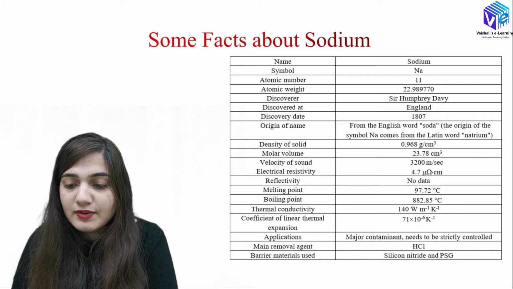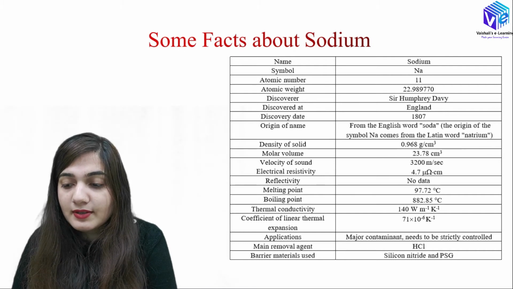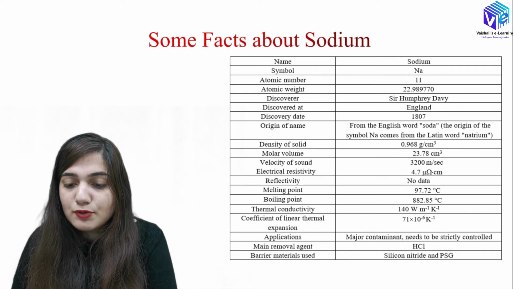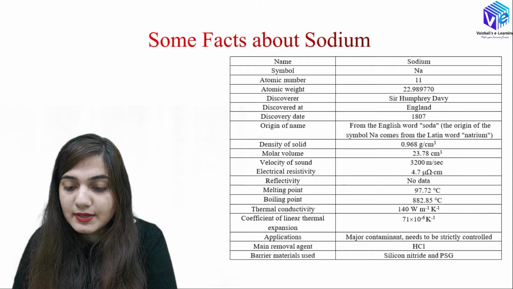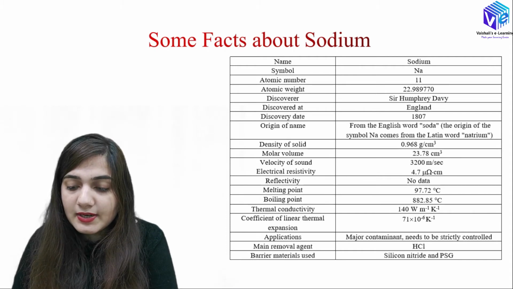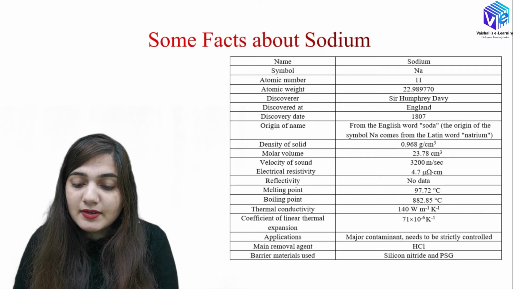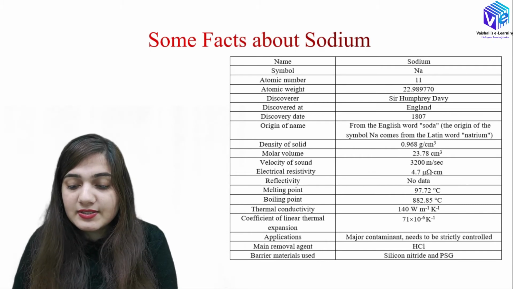The origin of the name comes from the English word soda, and the origin of the symbol Na comes from the Latin word natrium. You can see the density of the solid, molar volume, velocity of sound, electrical resistivity, reflectivity, melting point, boiling point, thermal conductivity, coefficient of linear thermal expansion, applications, and the main removal agent is HCl.